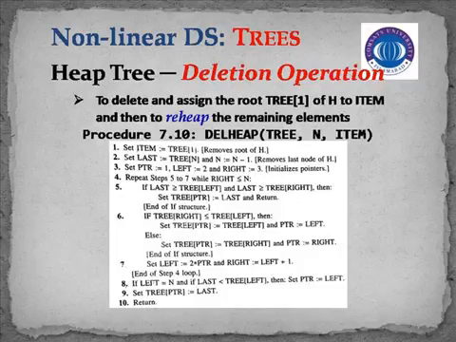Dear students, the deletion of the root of a heap tree explained in the last slide is depicted in the diagram of deletion procedure. This procedure not only deletes and assigns the root of H to an item, it performs the reheaping of the remaining elements as well.